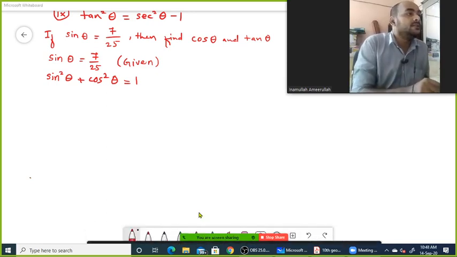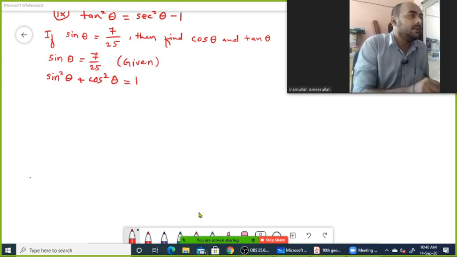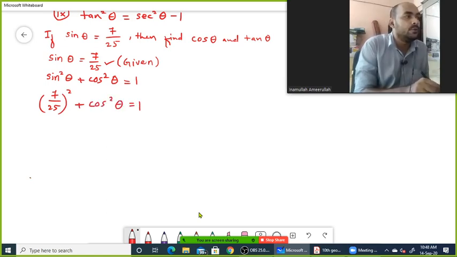where sine square theta can be taken as 7 by 25 square, because sine theta is 7 by 25, which is already given. So here I will take 7 by 25 whole square plus cos square theta equals 1. 7 square will give me 49, and 25 square, that is 625, plus cos square theta on its place equals 1.